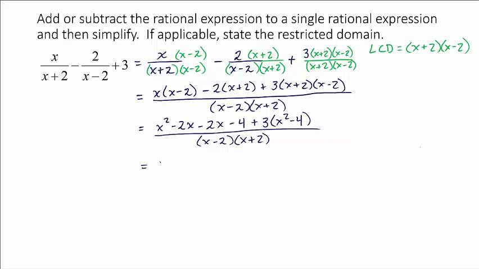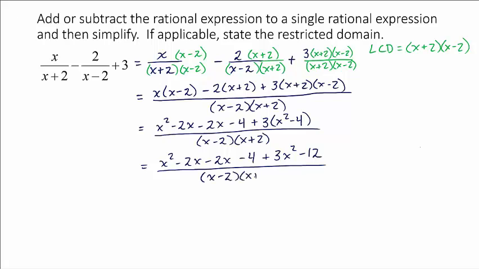All right, now I'm going to do that final step before I do any combining here. I'm going to distribute the 3 through, so I'm going to have 3x squared minus 12, right? So in the numerator, I'm going to have x squared minus 2x minus 4 plus 3x squared minus 12, right? And in the denominator, x minus 2 times x plus 2.